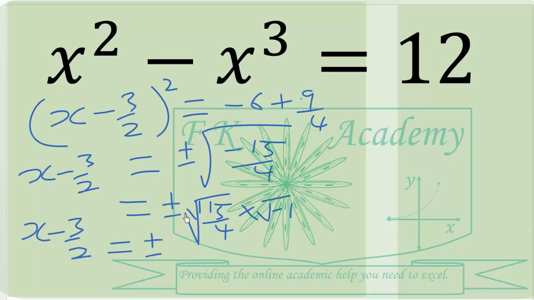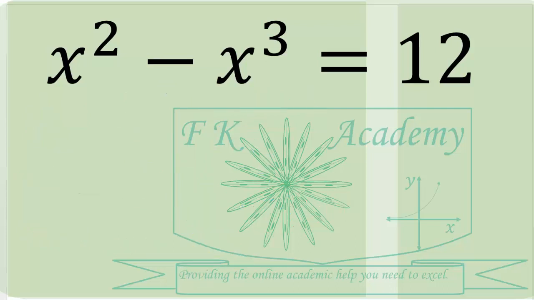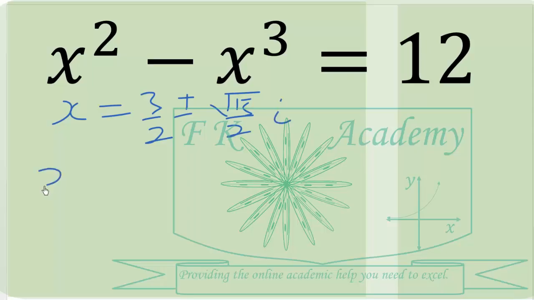Recall that the square root of negative 1 is equal to i. So we proceed with our solution. x will now be equal to 3 over 2 plus or minus square root of 15 over 2 i.